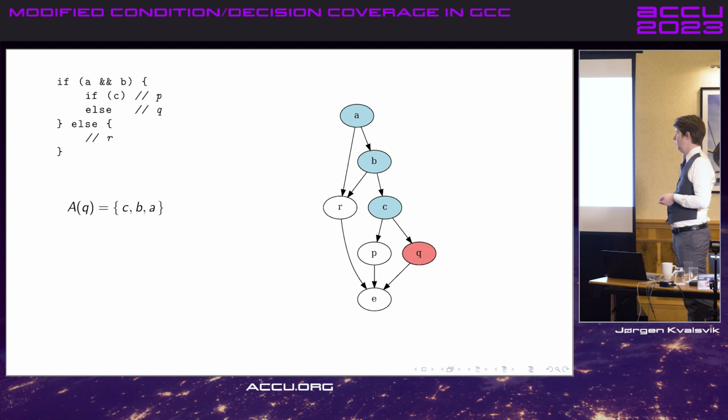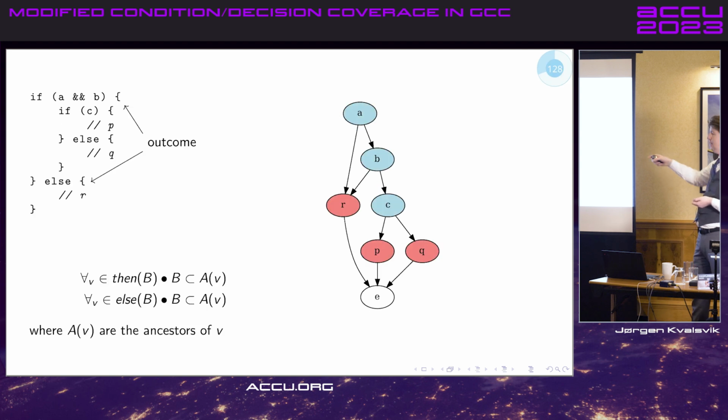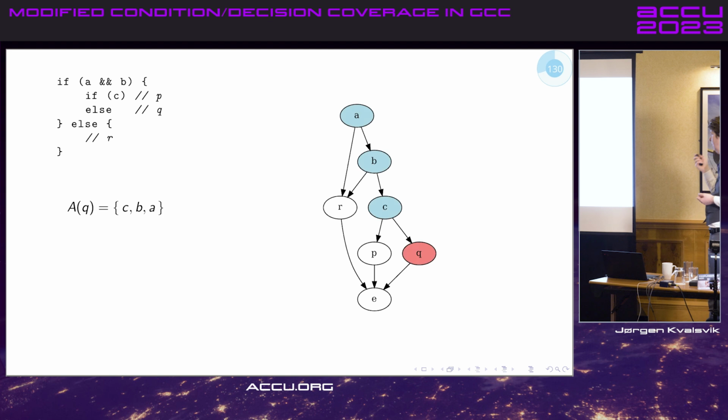First, we look at the ancestors of Q, right? Remember, this is our set of adjacent C. This is our neighborhood. So we start with Q. Its ancestors are C, B, A, right? And for P, they have the same ancestors.